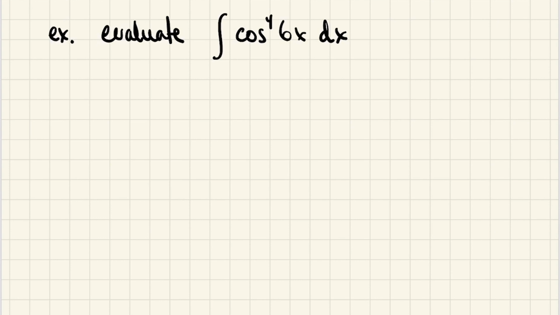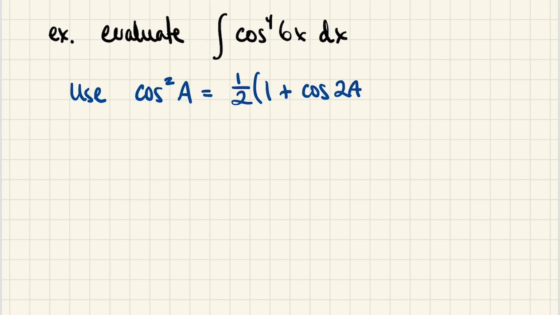No problem. We know how to handle these even powers of sine or cosine using the, quote, half angle identity, unquote. So let's use that. Cosine squared of an angle is 1/2 times 1 plus cosine of twice that angle.